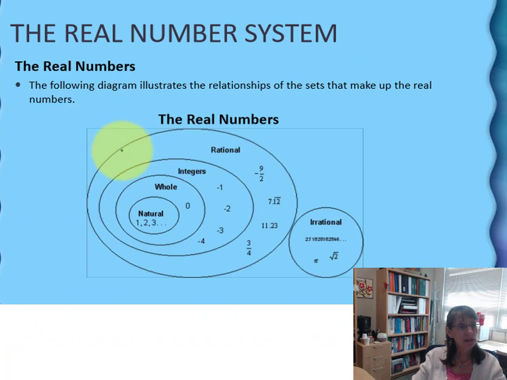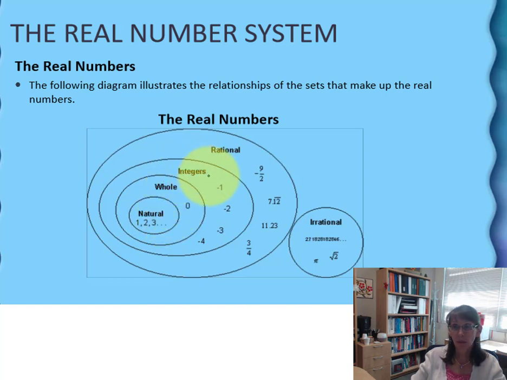Now here we have an illustration of how all of the subsets under the real number system are related to each other. So if we begin in the center with the natural numbers, 1, 2, 3, and continuing, we go to the next layer, which now includes 0 along with 1, 2, 3, and other positive numbers.